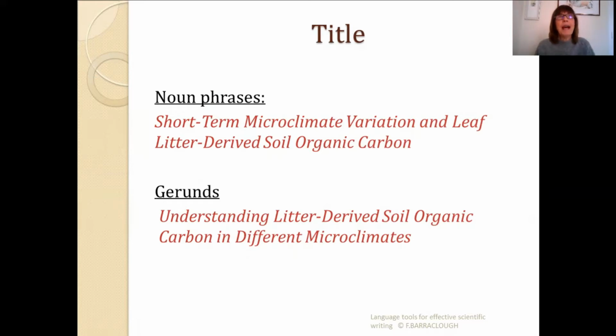So without compromising our message, we need to find a way to convey our study in a short, sexy title, something that is appealing, something that will attract our readers. This is not easy. I know it's not easy, and in some papers it is almost impossible, but we have to give it a go, all right?